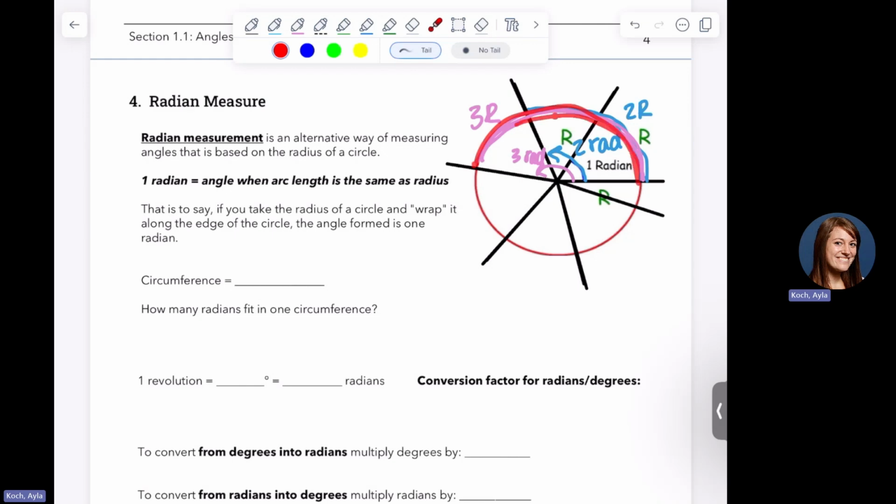3 radians covered a distance of 3r. And we know that the circumference of a circle is 2 times pi times r, the radius.